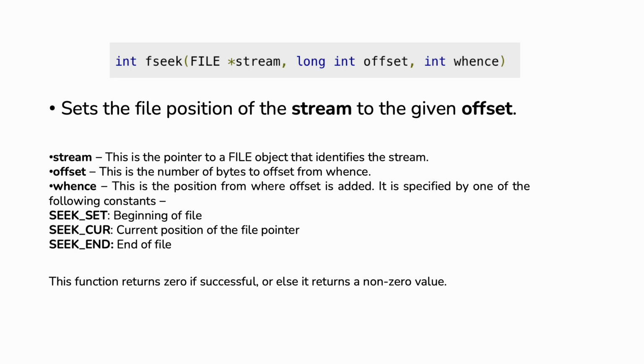The first is SEEK_SET, which is the beginning of the file, SEEK_CUR, which is the current position, and SEEK_END, which is the end of the file. This function returns 0 if successful, or else it returns a non-zero value.